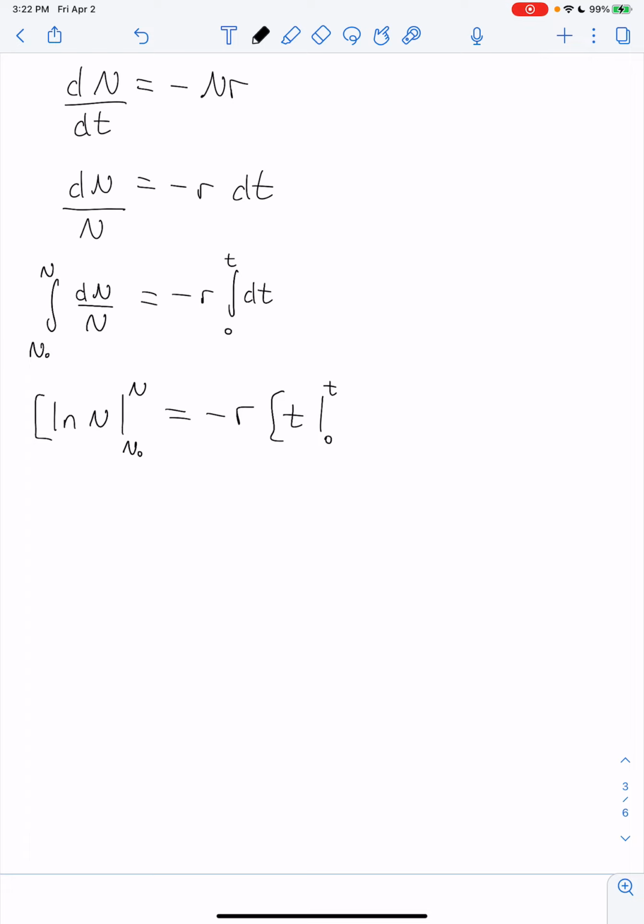Okay, so let's substitute these values in. Then we have ln n minus ln n naught is equal to negative r, and we have t minus 0.